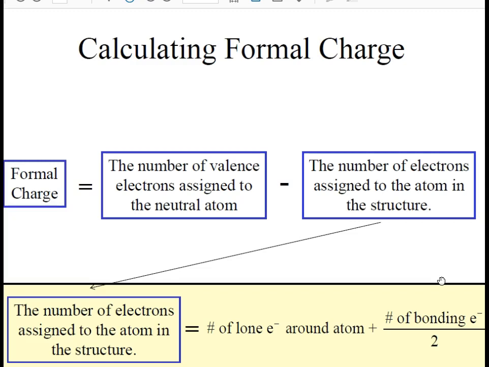So that number will be the number of lone pairs around the atom plus the number of bonding electrons divided by 2. Because a bond is 2 electrons, but it's being shared. So when we're doing formal charge, we'll assign one of those to each element in the bond. Okay, so hopefully this will make sense as we do the examples, but this is the basic equation that you can refer back to.